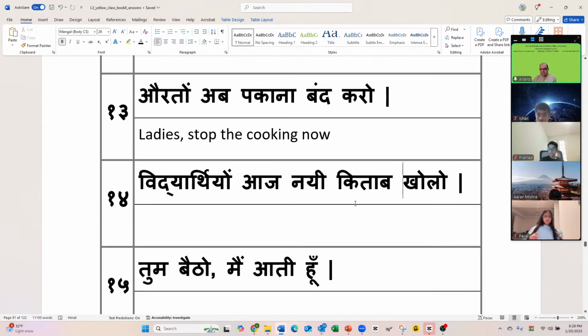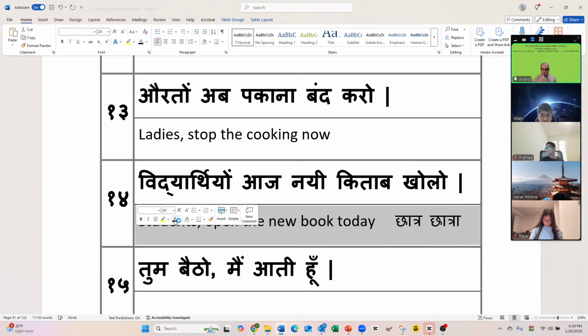Okay, Ishan, read the next sentence. विद्यार्थियों आज नई किताब खोलो. You know the meaning, Ishan? Students, today open a new book. Good job.